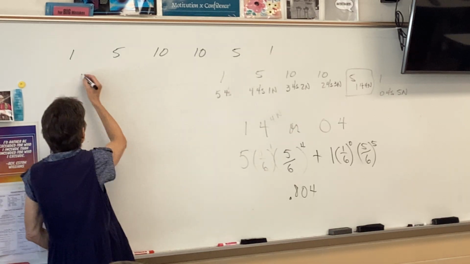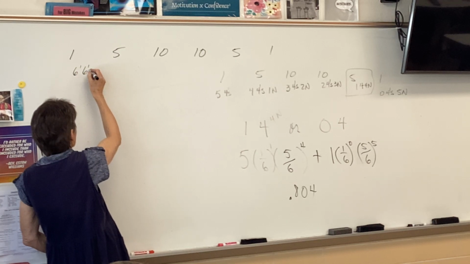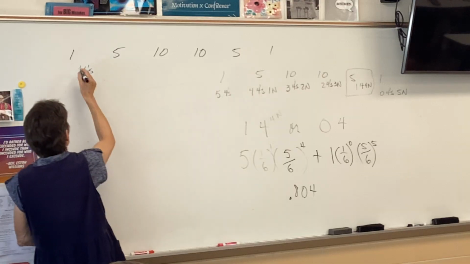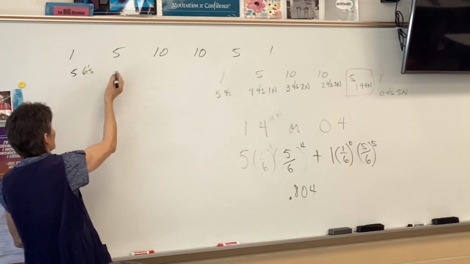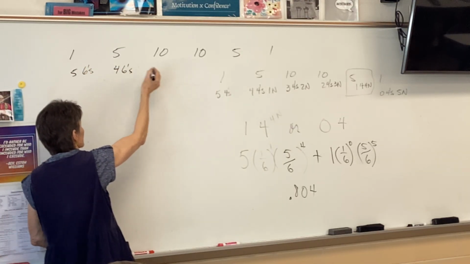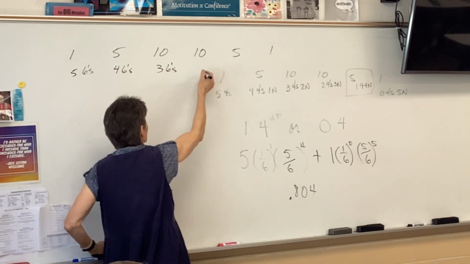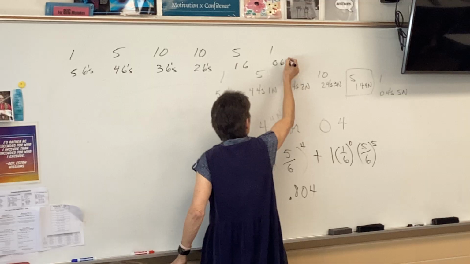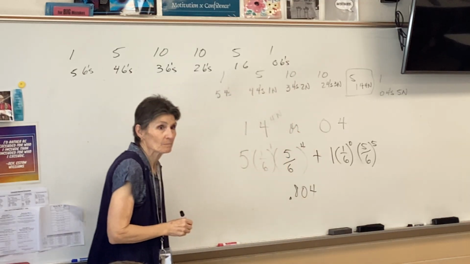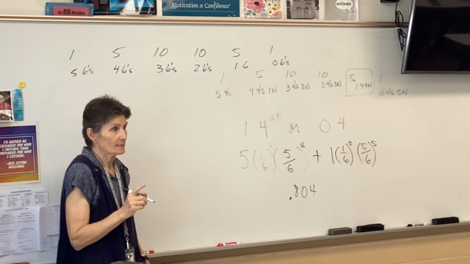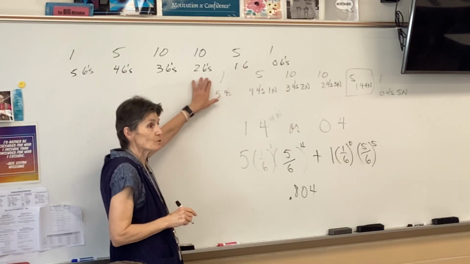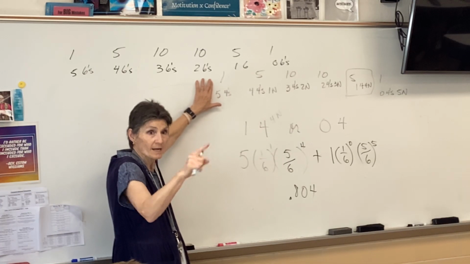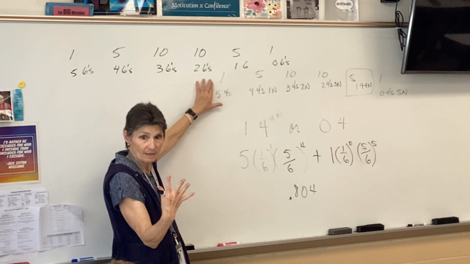So this would be 5 sixes, 4 sixes, 3 sixes, 2 sixes, 1 six, and no 6s. Everybody okay with that? Obviously, if there are 2 6s, there are going to be 3 non-6s, because I'm rolling 5 times.